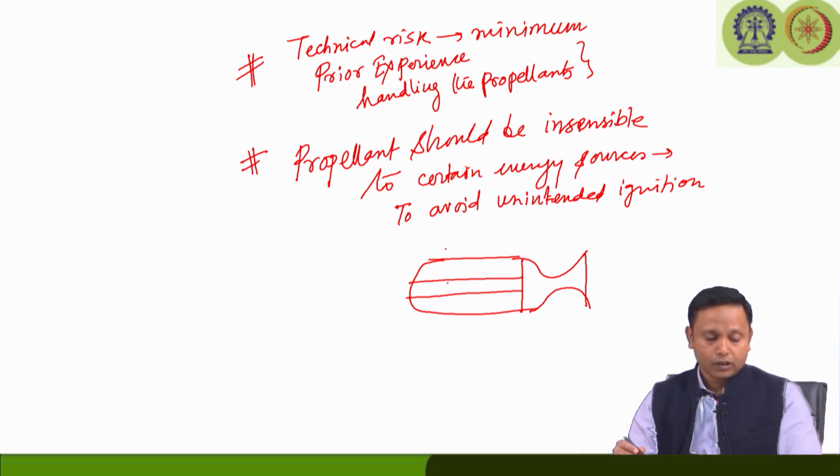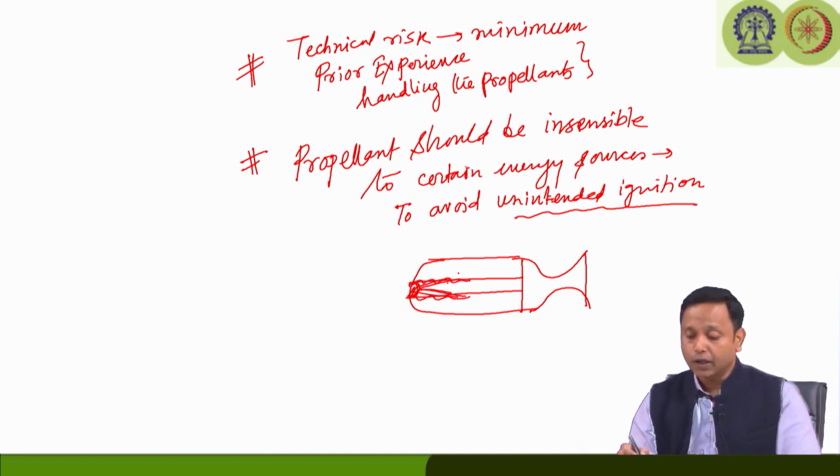So, the quality of the propellant should be such that it can avoid the unintended ignition. There are certain energy stimuli, like fires may break out in nearby areas. Just due to the radiation heat, it should not absorb enough heat that it may lead to some unintended ignition, because the ignition was given only through this igniter, right. What we have just said, that the igniter will create the ignition plume and it will create the ignition process.